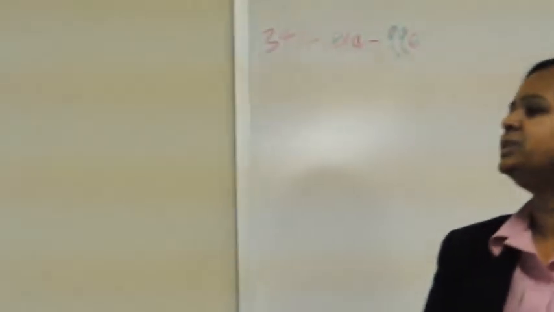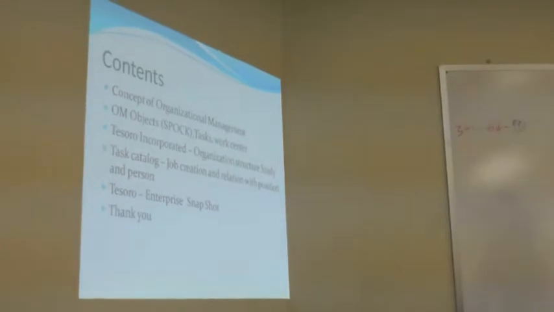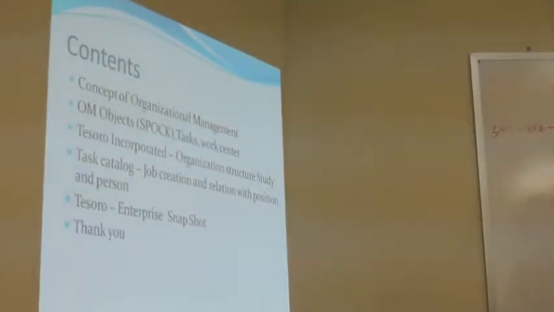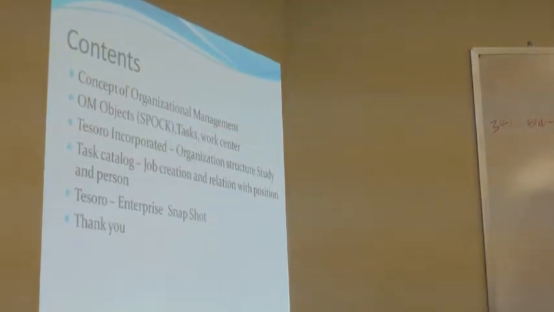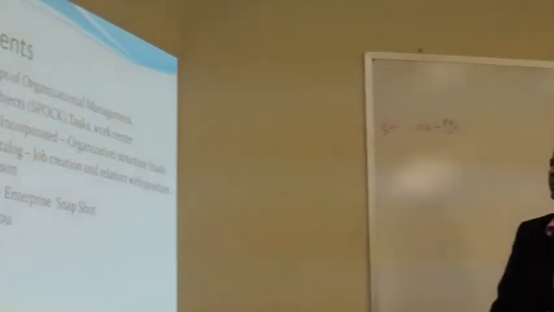So, in this presentation, the contents I'll be talking about are the OEM concept, and we'll be discussing OEM objects. I have a study done on a company called Tesoro Incorporated, so we're going to see how the structure is formed based on the company's requirements.